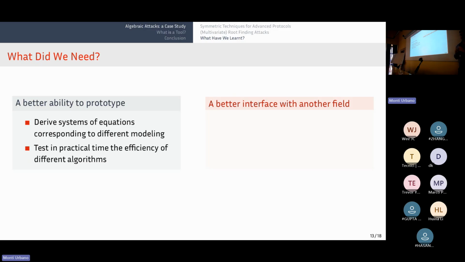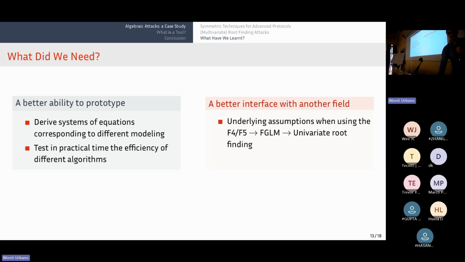And we didn't have the efficient implementation that would allow us to test our attacks. This chain, the F4, FGLM, univariate root finding, relies on some assumptions which may or may not hold, which was a problem in our case. We wanted to use a very fancy variant of FGLM in our attack, which we couldn't, so we had to come up with a new thing.